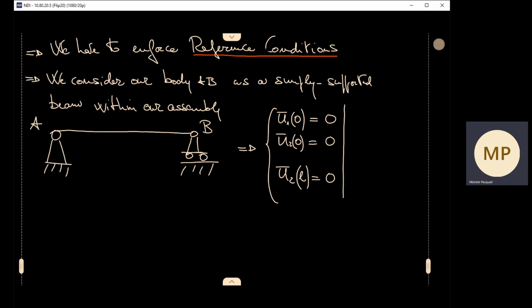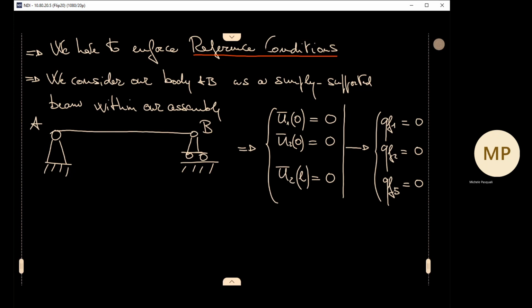All of this translates into what? That QF1, if you remember, this is the axial displacement induced by deformation at node A, must be 0. And then QF2, which is the transverse at point A, 0. And the axial at point B, which is QF5, is 0. All right? So these are the conditions that we have to implement.